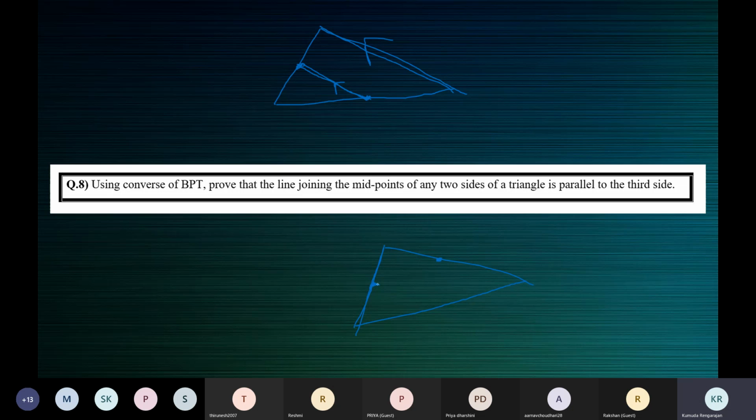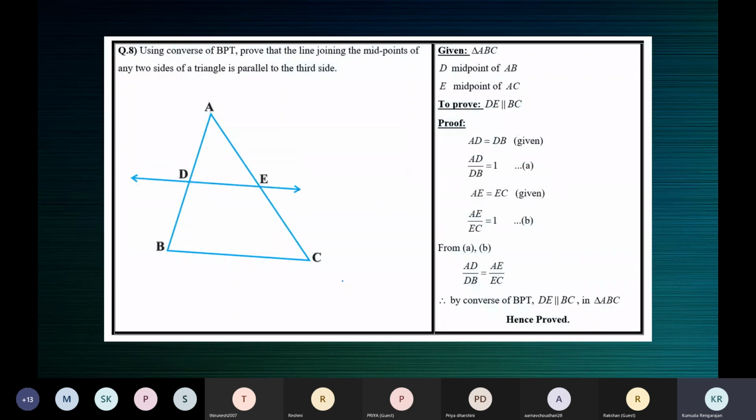The line segment joining these two midpoints will be parallel to the third side. It's not just the line segment, the line also will be parallel. The line segment joining the midpoints of any two sides of a triangle is parallel to the third side. So given two midpoints, you have to prove that the line segment joining the midpoints is parallel to the third side. Again, very simple.